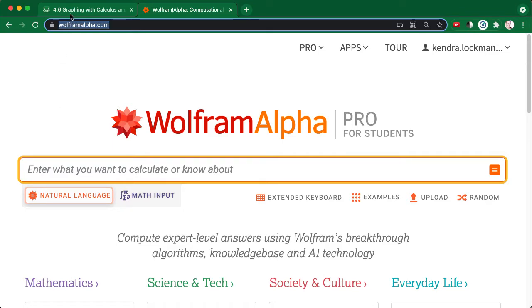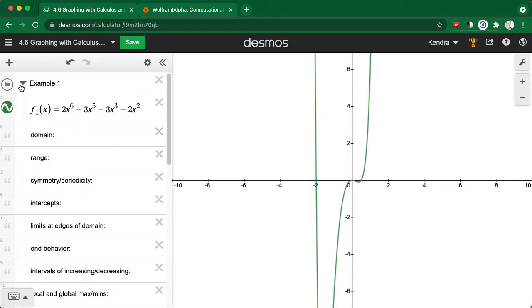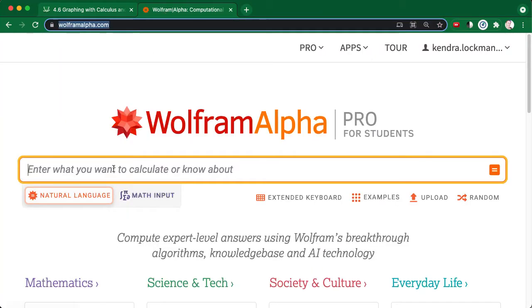This is the sort of thing where I'm looking at a function and I can just copy and paste. So here's the definition of the function that's graphed here. And I can ask, what are the zeros? And I can use the natural language input.